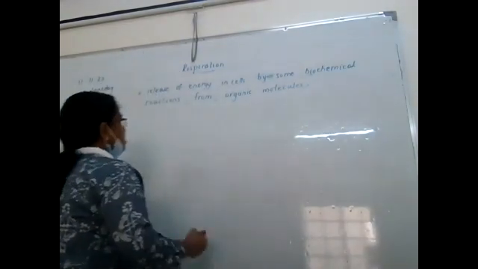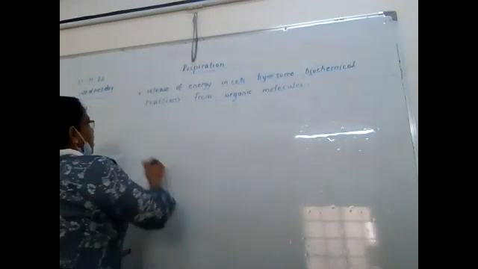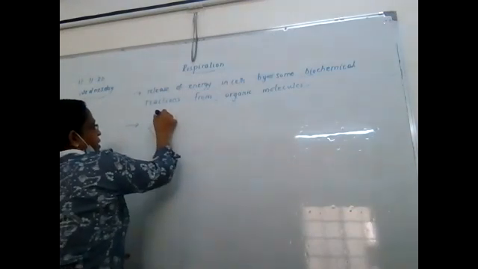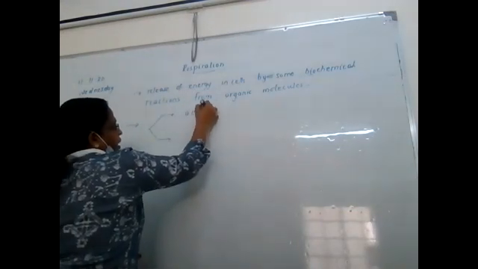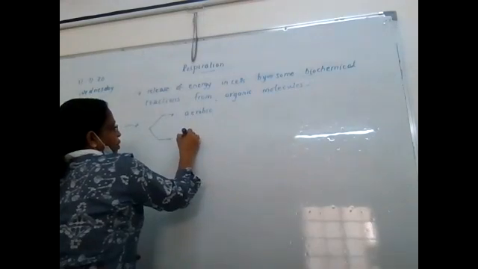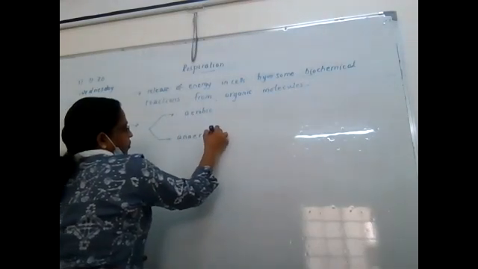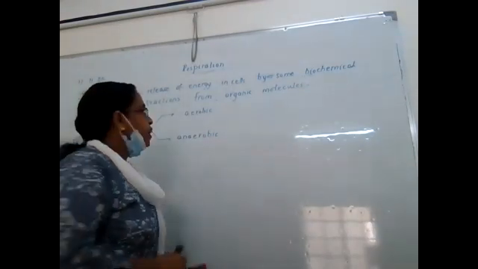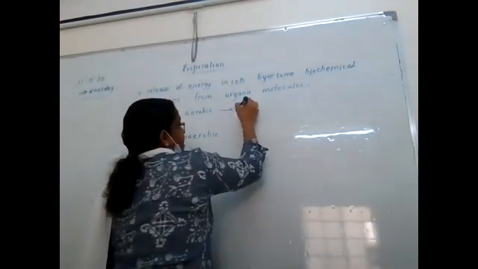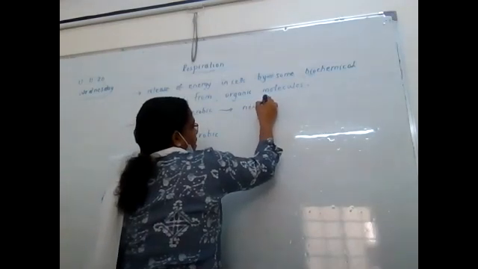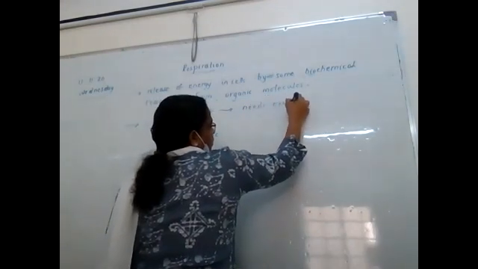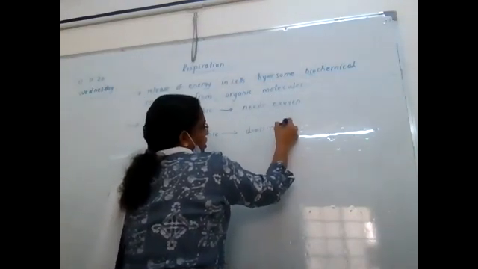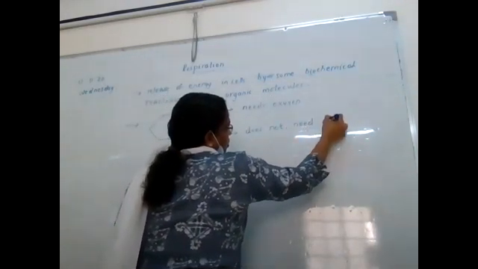Now, respiration is of two types: aerobic and anaerobic. Aerobic respiration needs oxygen, and anaerobic respiration does not need oxygen.